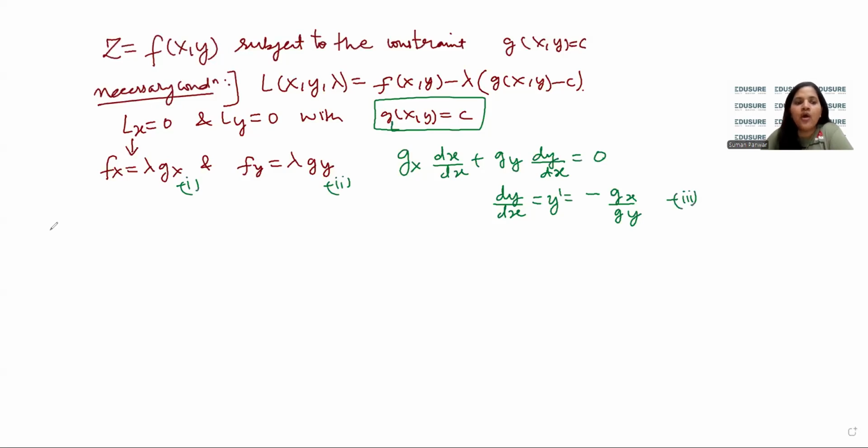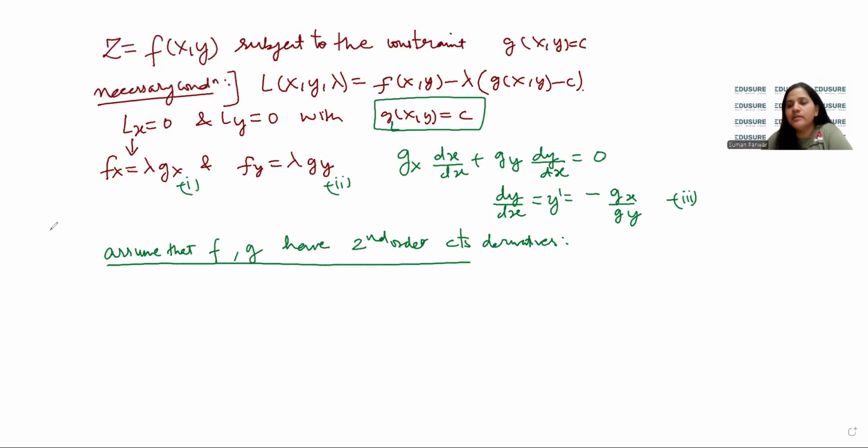Now we assume that f and g have second order continuous derivatives. So it is twice differentiable and it has second order continuous derivatives.